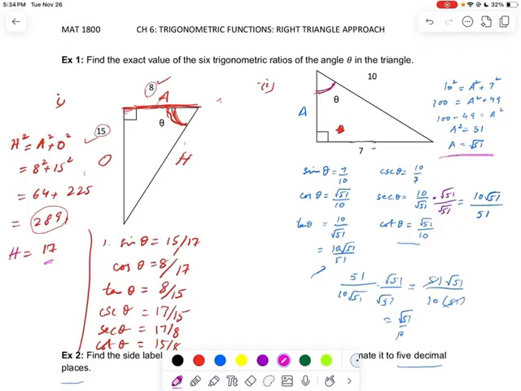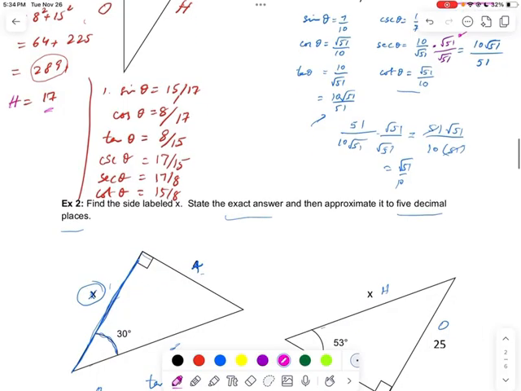I didn't write plus or minus here when I took the square root, because we are measuring the length of a side of a triangle, and length can never be negative. Once you have your O, A and H, you can just use SOHCAHTOA and write all 6 trigonometric ratios.